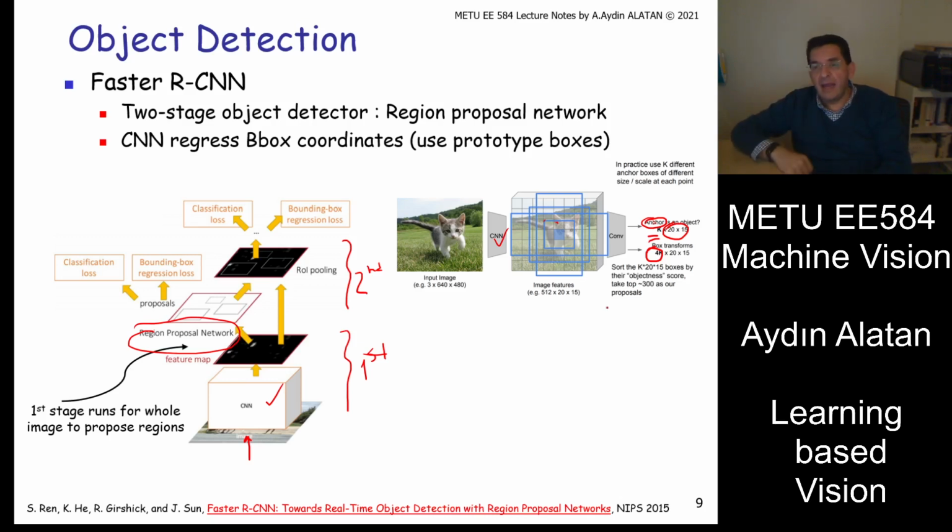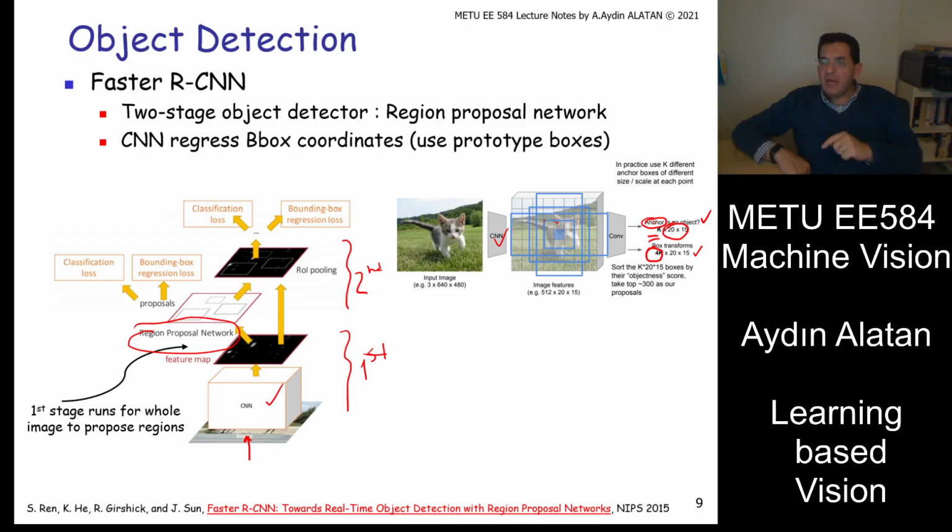Therefore, we are estimating the box transforms, and in the meantime, for every such anchor, like 1, 2, 3, 4, 5, 6, all of them, you are trying to obtain the objectness measure. Here, for every such anchor, we are trying to estimate the coordinates.